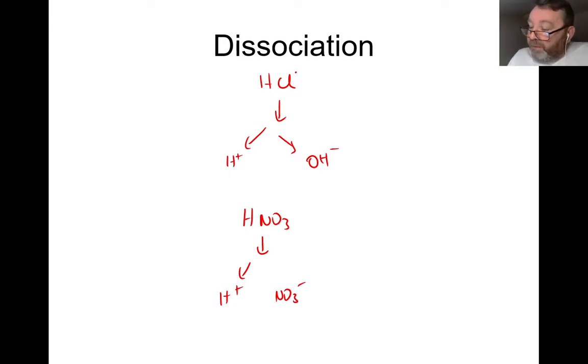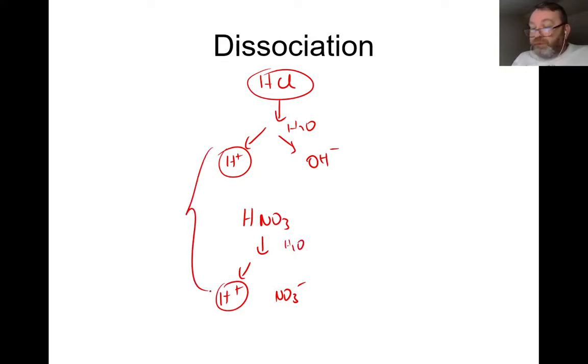And the key thing to remember is hydrogen chloride produces H+ when it goes into water. HNO3 produces H+ when it goes into water. So therefore, under the Arrhenius definition, both of those substances are acids.